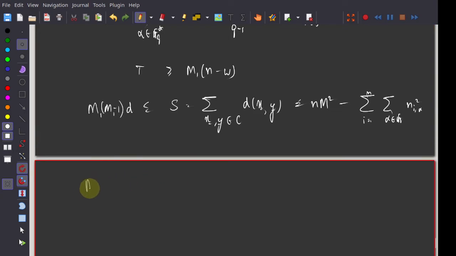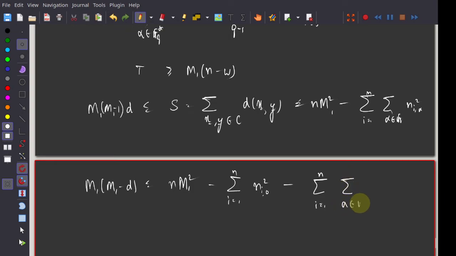So I have m1 into m1 minus d to be less than or equal to n m1 square minus summation i equal to 1 to n of ni0 square minus summation of ni alpha square. And I'm going to use different bounds for each of these, the main trick.